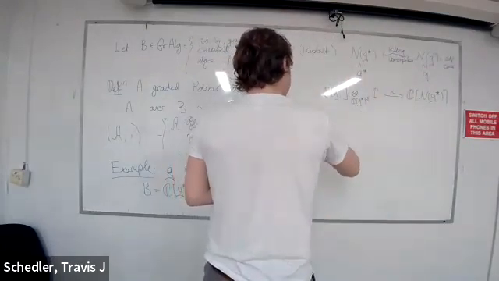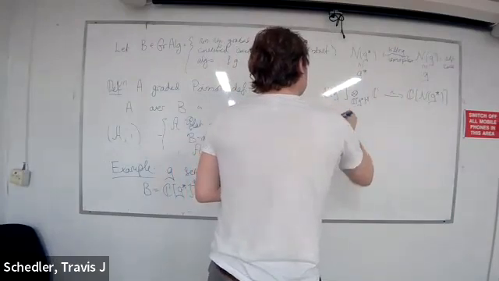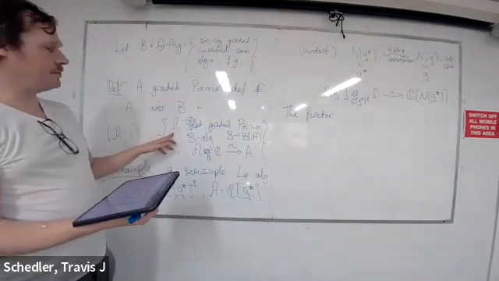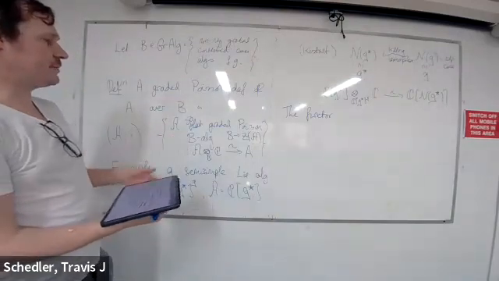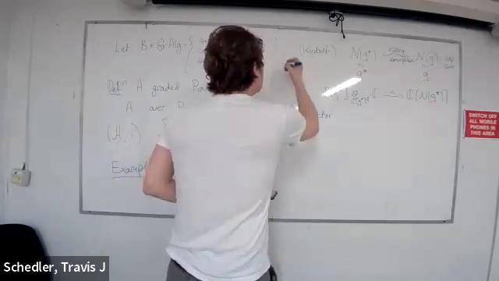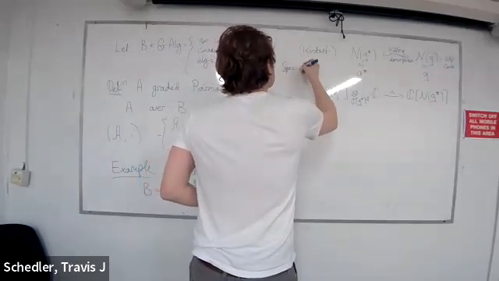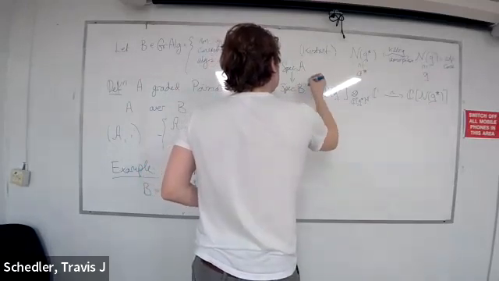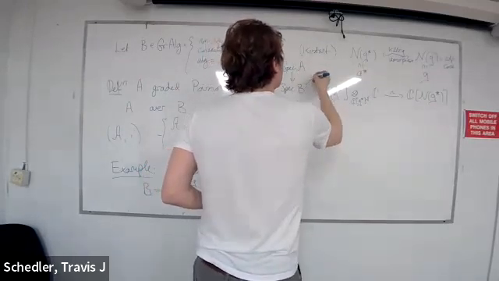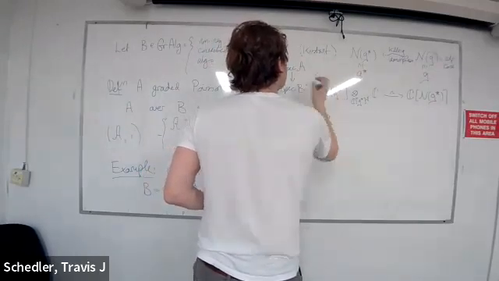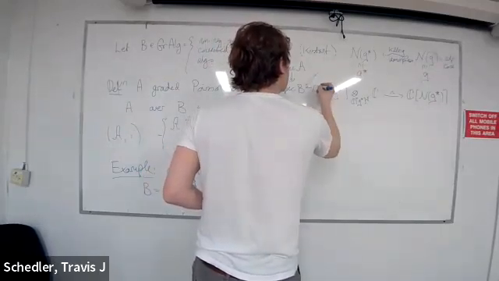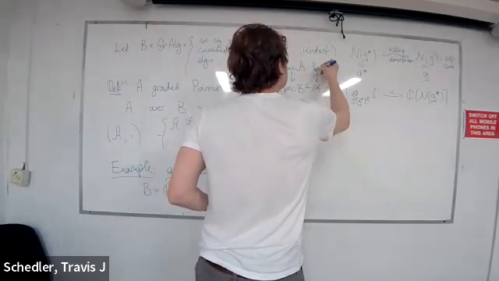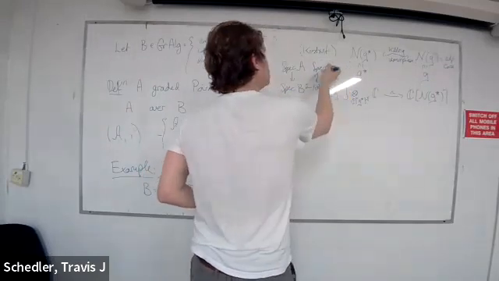Why are you calling this deformation? This is a deformation because A is assumed to be a flat B algebra, and so the geometric picture would be that we have spec A, and there's a flat morphism down to spec B, and the central fiber, denoted by 0, and then above this you have spec A, our Poisson variety that we're trying to deform.